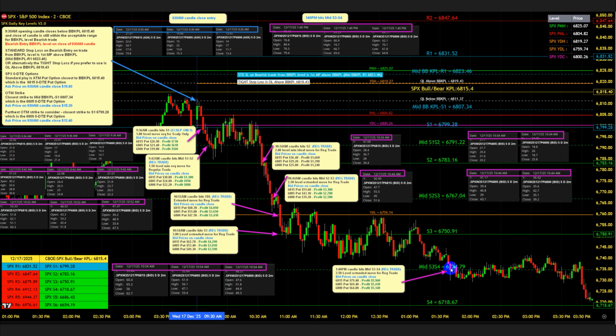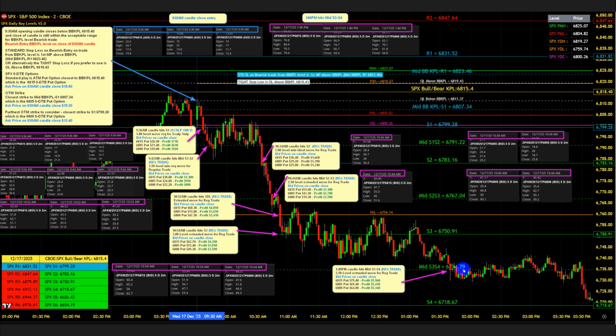So even though there is a possibility that we could continue to move down, and in fact at the end of the day towards the close we almost got to S4, it is something that you do need to be cognizant of, especially when you're using 0 DTE instead of 1 DTE, is that now if you do start getting a retrace move against you, then these options are going to start evaporating your profit pretty rapidly, because we are rapidly losing the time value, because these 0 DTEs will expire at 4 p.m. versus the 1 DTEs, which expire the following day at 4 p.m.